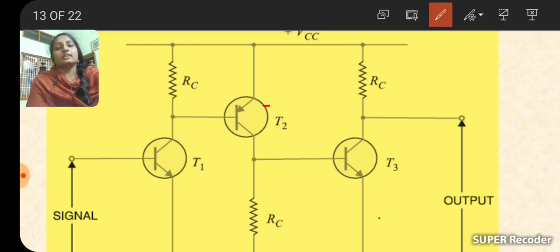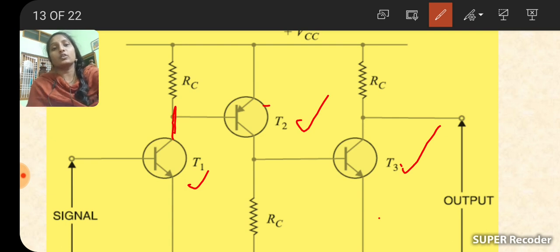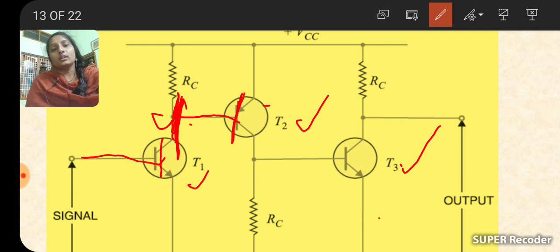Here see, the transistors T1, T2, T3 are there, but while connecting the output, if we apply the input at the base of the transistor T1, the signal must be amplified and it will provide the output across the collector. So through the collector, it is connected to the base of T2 without using any coupling element.